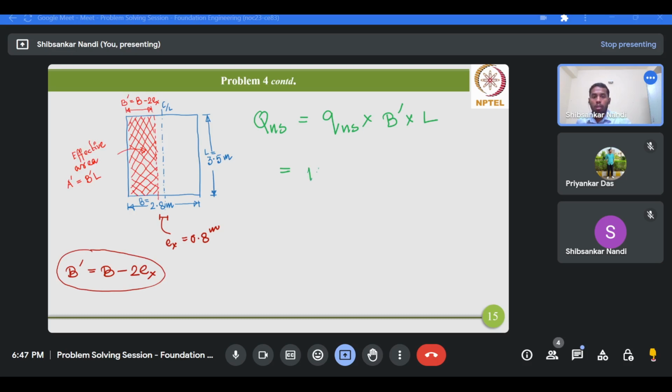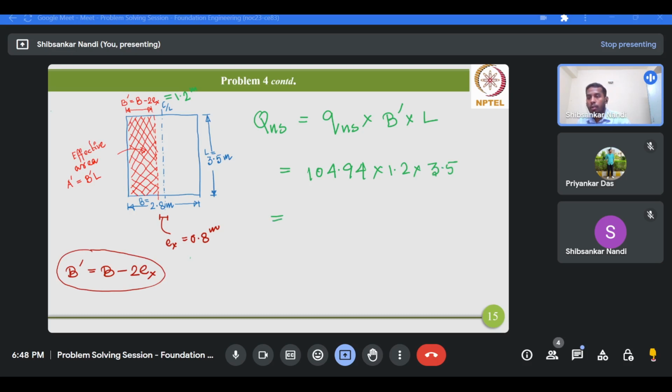So 104.94 multiplied by the B prime value. The total or original width is 2.8 minus 2 times 0.8, that means 1.2 meter. So B prime is 1.2 meter, and L is 3.5.